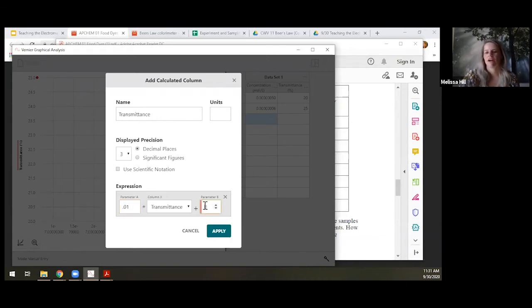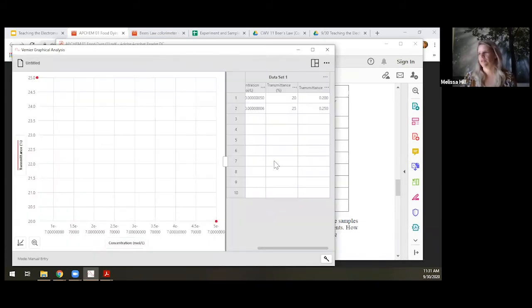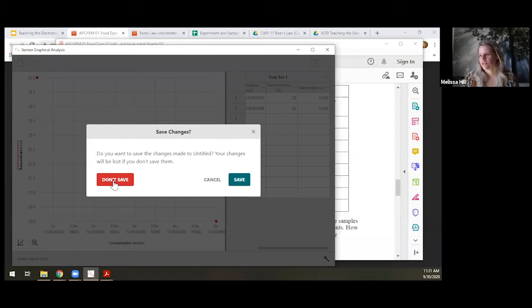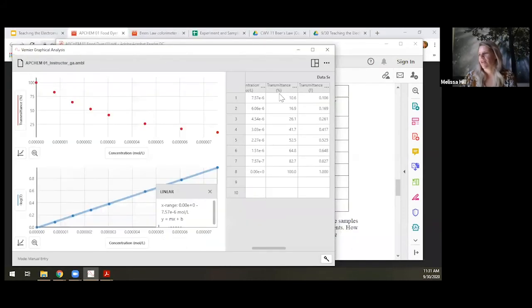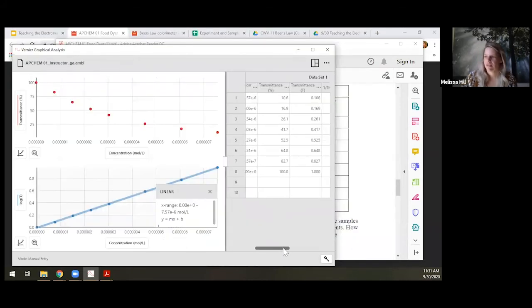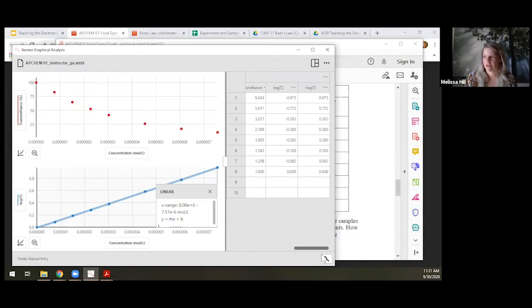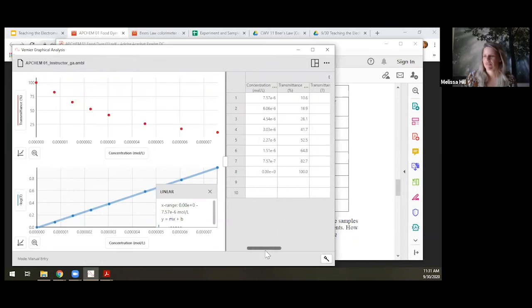All of this is already built into that free software that you can use on computers, Mac, Windows, Chromebooks, iOS, and Android. And I'm not gonna make you watch me type, but that is what is in this instructor file that has all of the calculated columns in here, how the students would do it.